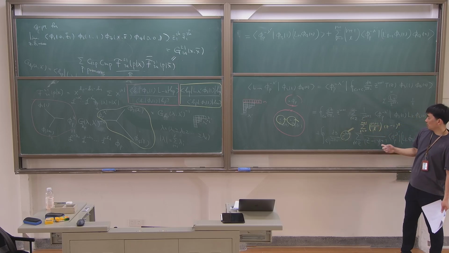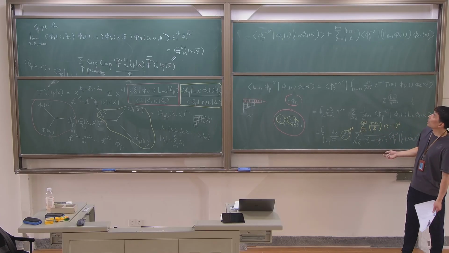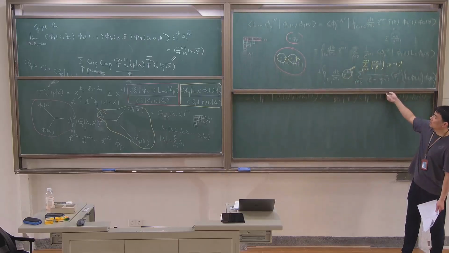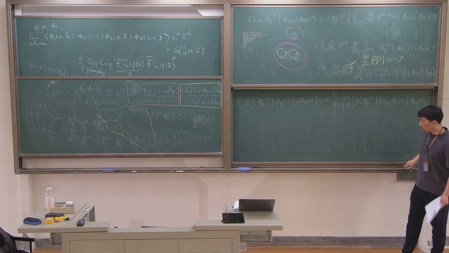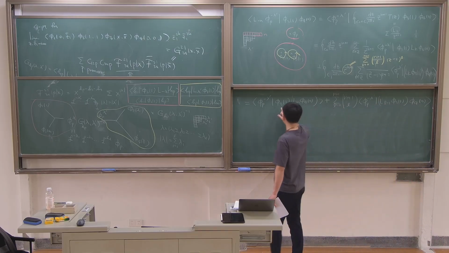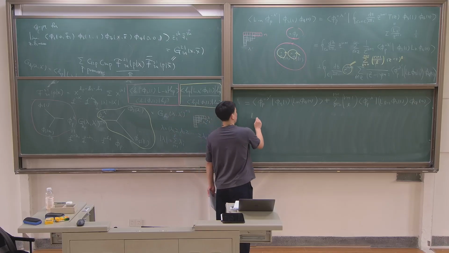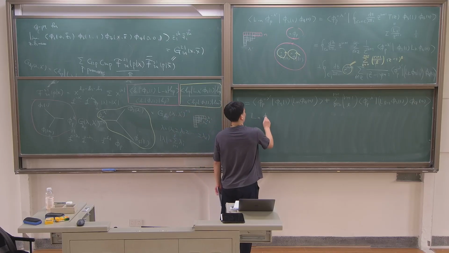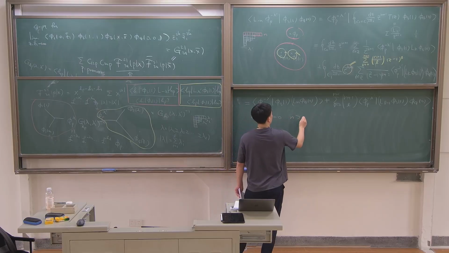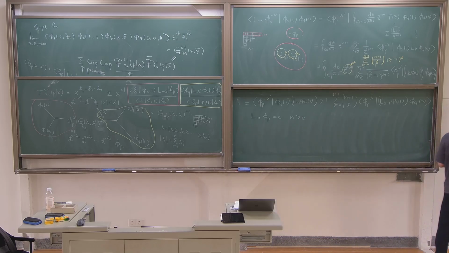On the other hand, here we have this expansion, so we have this second term. But we have to recall that phi 3 and phi 4 are primary fields. For a primary field, L_n phi prime is equal to 0 when n is greater than 0. That's the definition of a primary field.